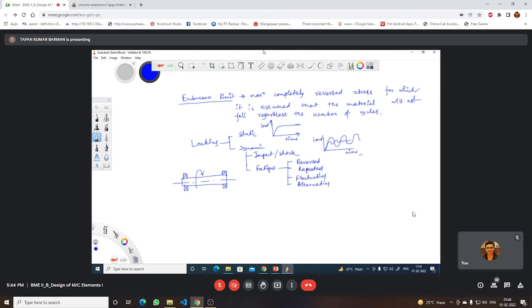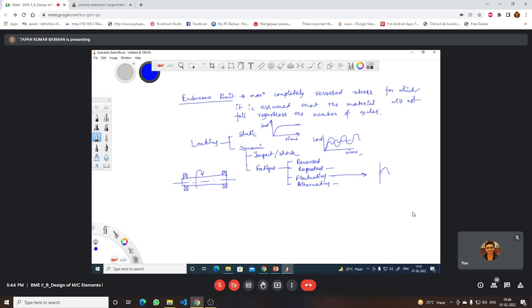Now here we have to understand what is maximum completely reversed stress. So here we represent these loadings. Say, this is called fluctuating loading. We represent it like this.